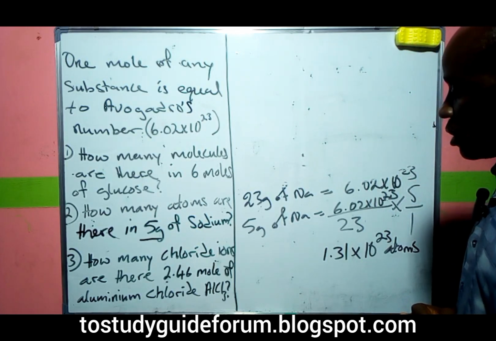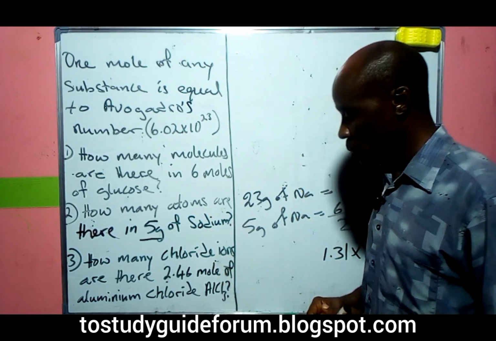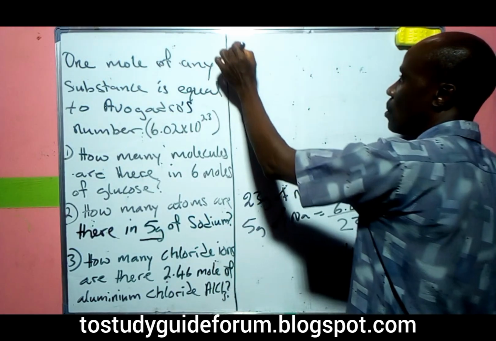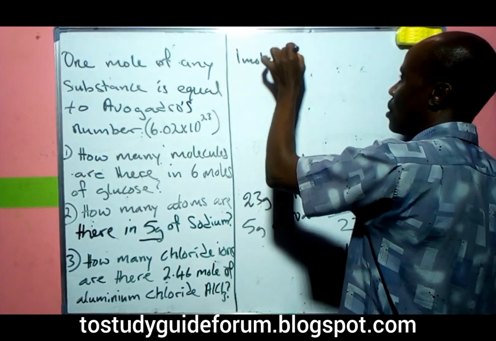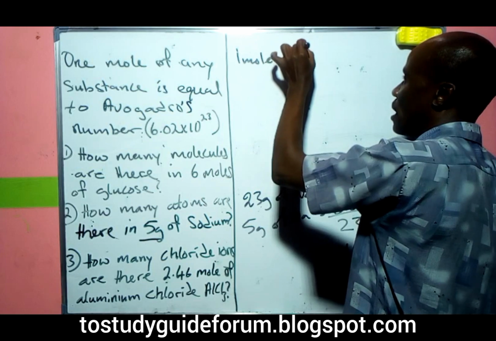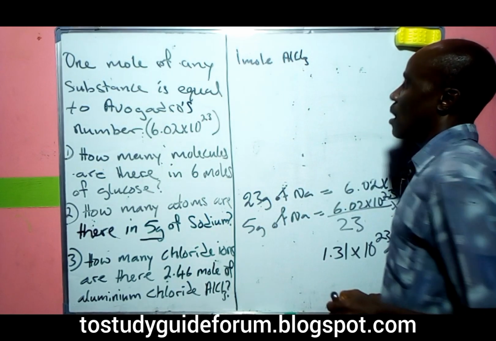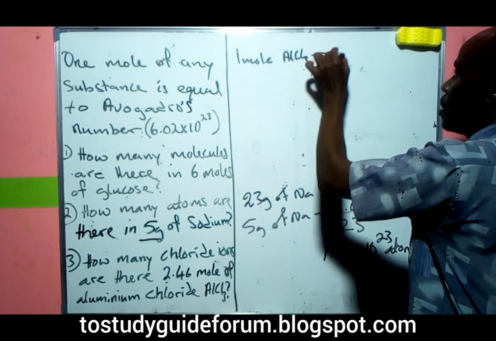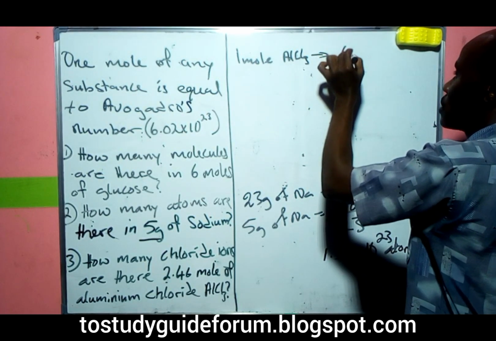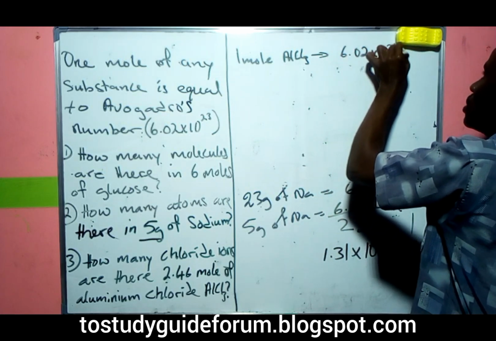Now, what it simply means, remember, since we are talking about moles here, and what we are looking at is the ions. We know that 1 mole of aluminium chloride molecule will give us 6.02 times 10 raised to the power 23.